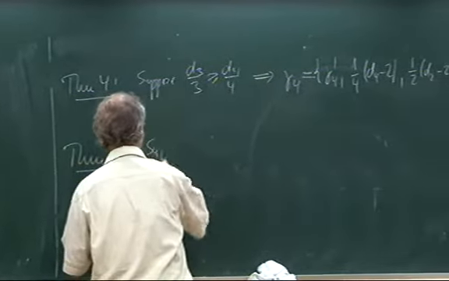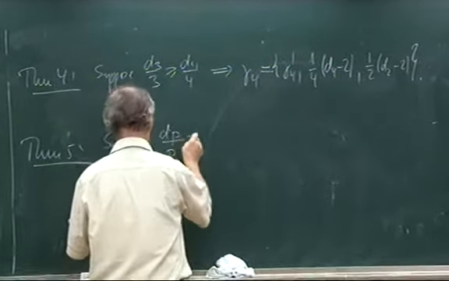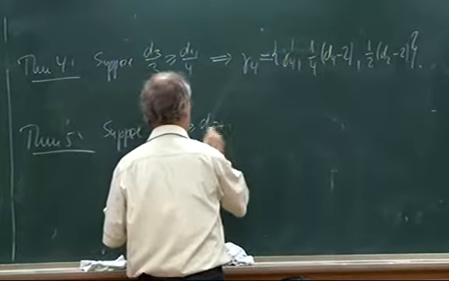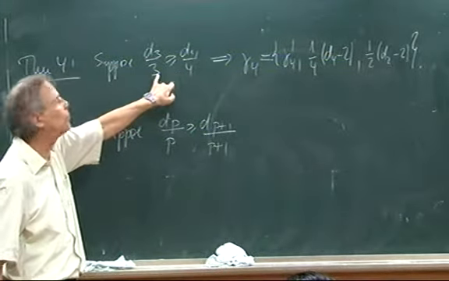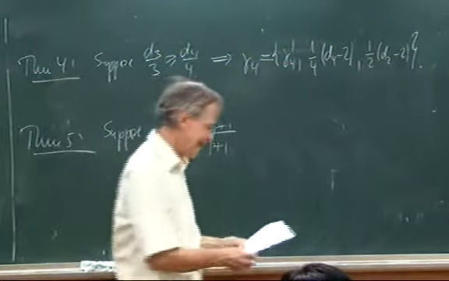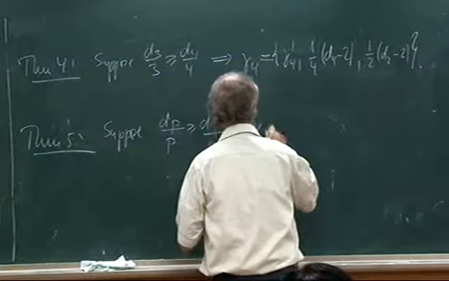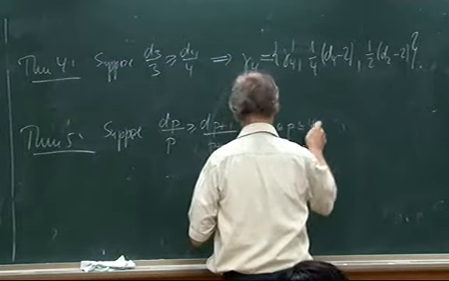Suppose d_p, here we even need more assumptions, greater or equal to d_{p+1} over p plus 1. Here we only need this assumption here, not that d2 over 2 is greater or equal to d3 over 3. Here we need all of them, and this for all 1 less or equal to p less or equal to 4.